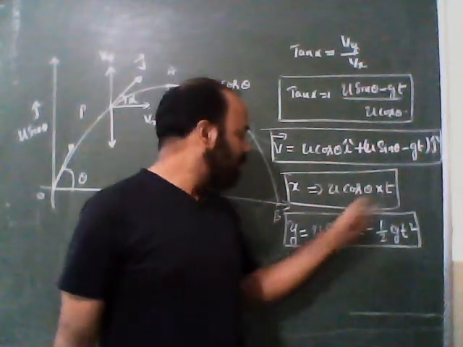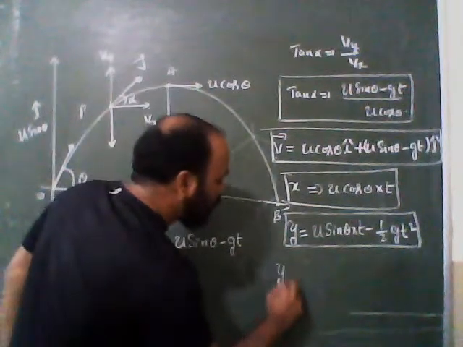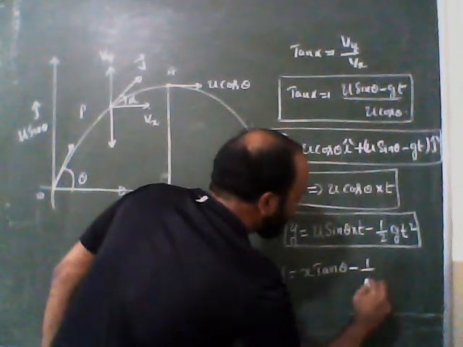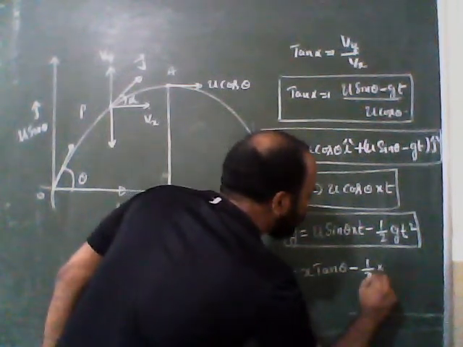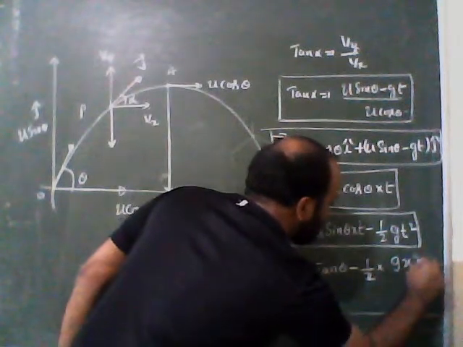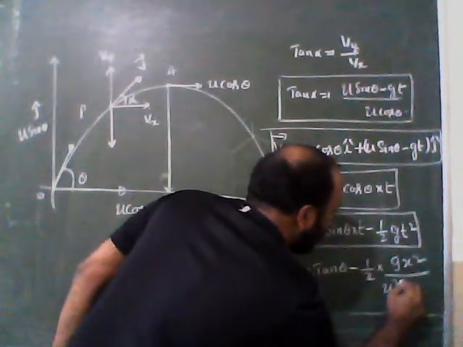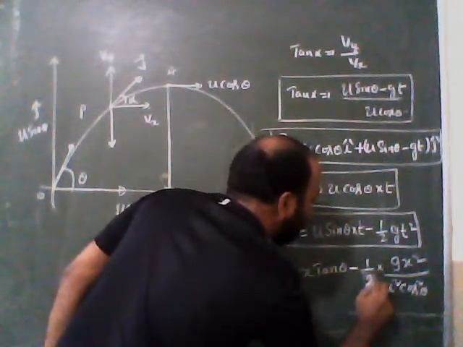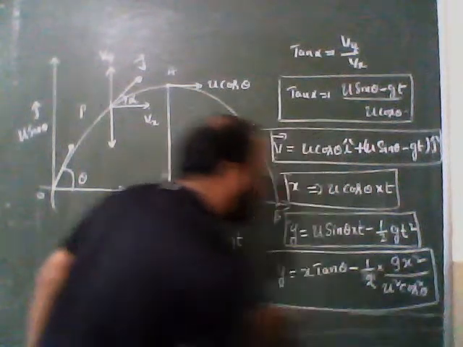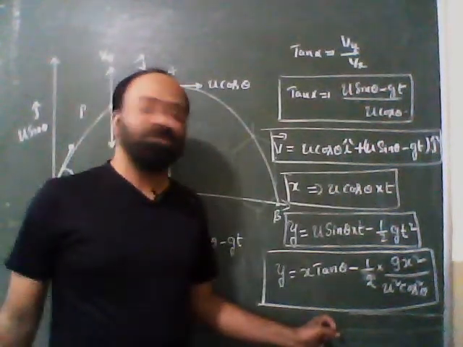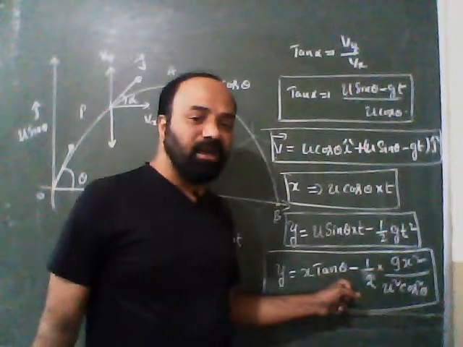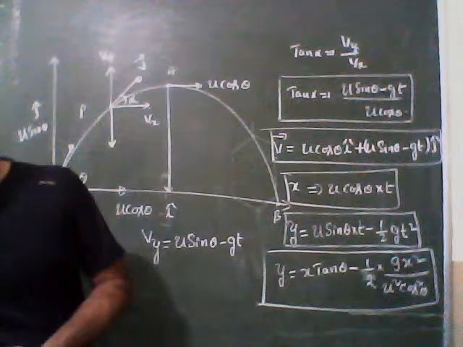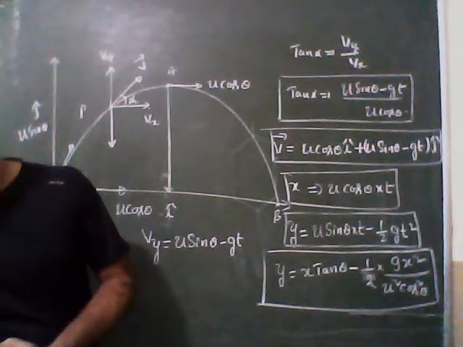Substituting this t value, you will get y equals x tan theta minus half g x square by u square cos square theta, which is g x square by 2 u square cos square theta. This is called the equation of trajectory.